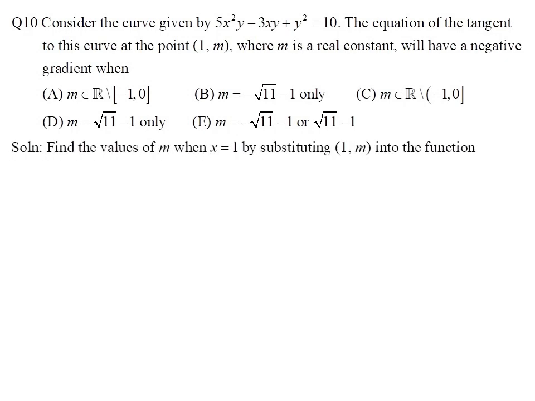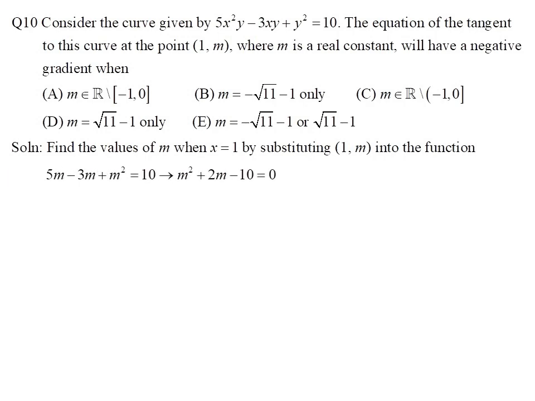In order to find the value range of m, we first substitute the coordinates (1, m) into the curve equation to find the value or values of m, so that the tangent at the point has a gradient.